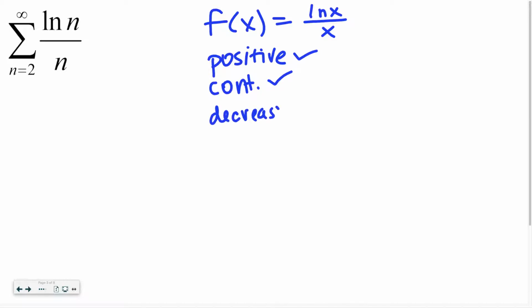This is always the joy. How do we do the derivative of this one? Well, it's quotient rule. So the derivative of the numerator is 1 over x, times the denominator x, which is 1, minus the numerator times the derivative of the denominator, all over the denominator squared.